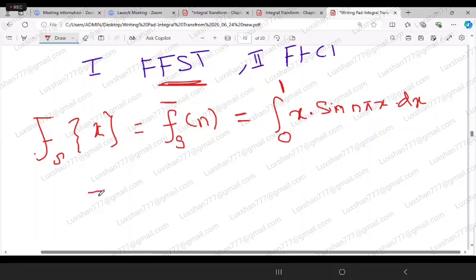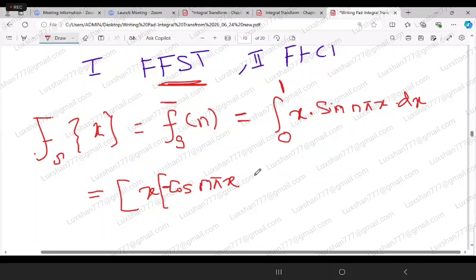So this is equal to the first function x into the integration of this function. What is the integration of sine? We have cos n pi x, minus, into 1 over n pi, from 0 to 1. Sorry, one more term should be there.